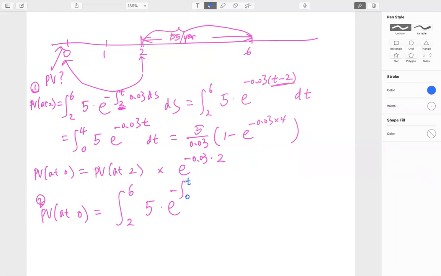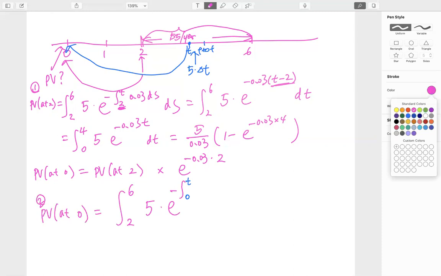Now when you do the discounting, say at t plus delta t, you have a payment which is 5 times delta t. For this, you need to discount all the way back to time 0, not to time 2, although you start receiving payments at time 2. But now we want the PV at time 0, so we are supposed to discount everything back to time 0.